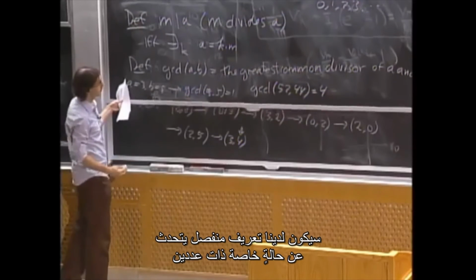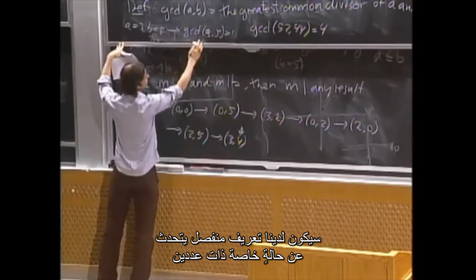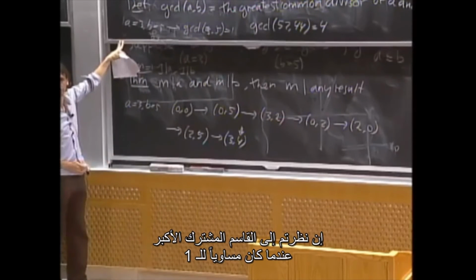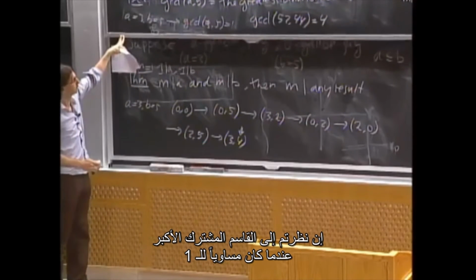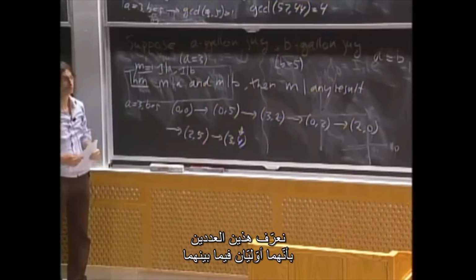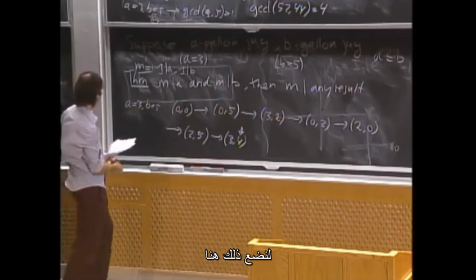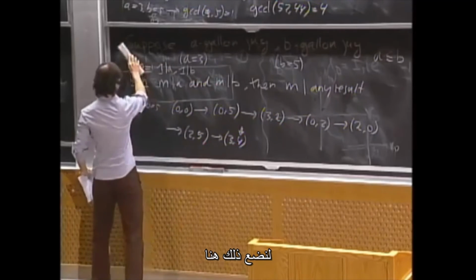We will have a separate definition that talks about this very special case where, if you look at the greatest common divisor of two numbers and it is equal to 1, we define those two numbers to be relatively prime to one another. So let's put that out over here.